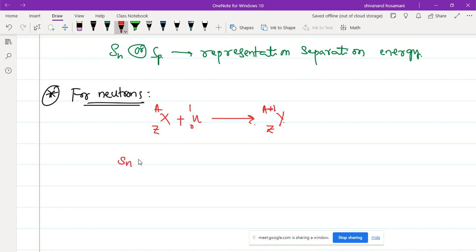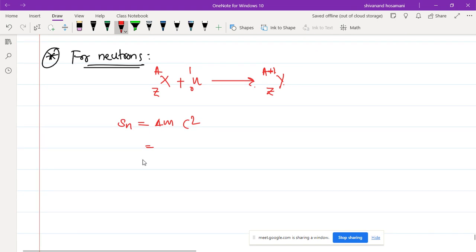Therefore, separation energy Sn is given by delta m times c square, where delta m is the mass of the reactant minus the mass of the product.